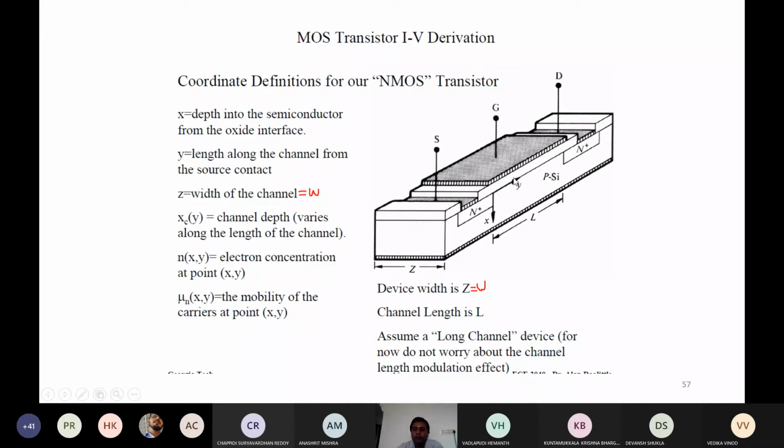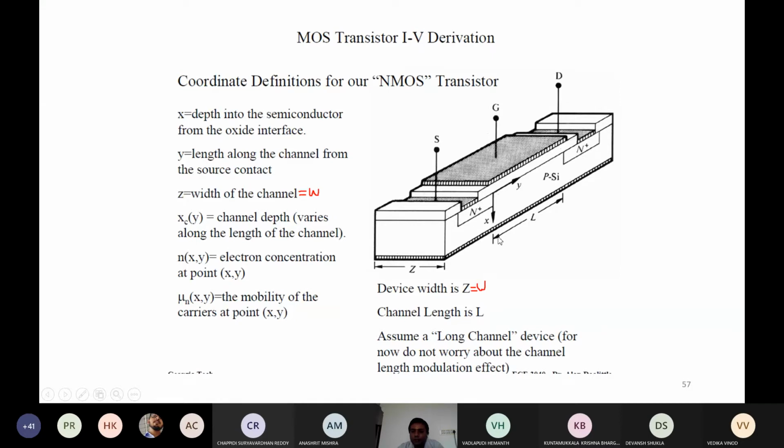And this is silicon dioxide, above the p-type substrate you have taken. After that there is a metal gate, which is generally a polysilicon gate in CMOS technology, or even a real metal can be taken. And this is the metal contact for the source, and this is the metal contact for the drain.